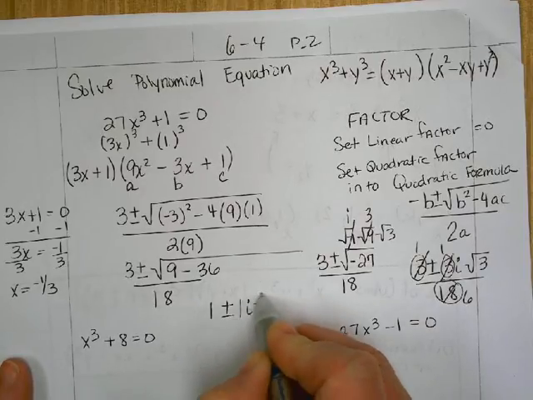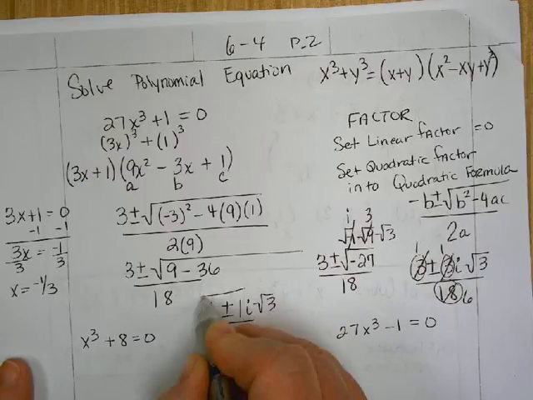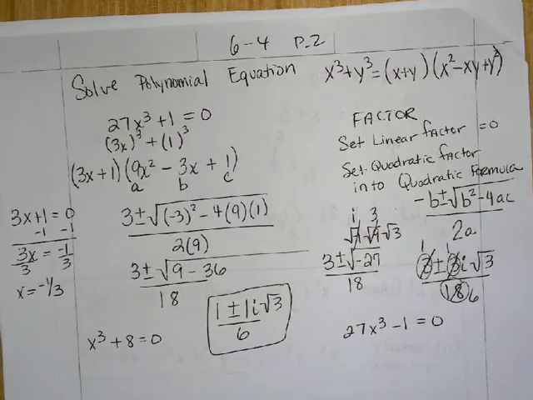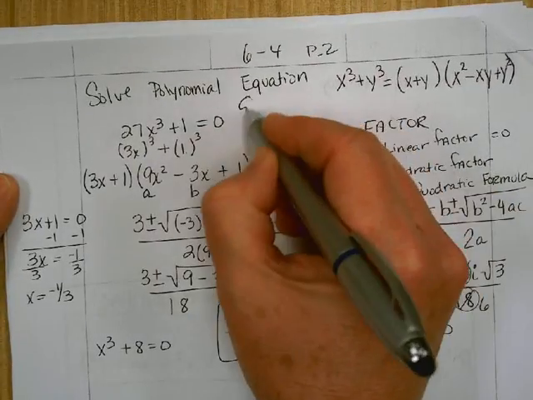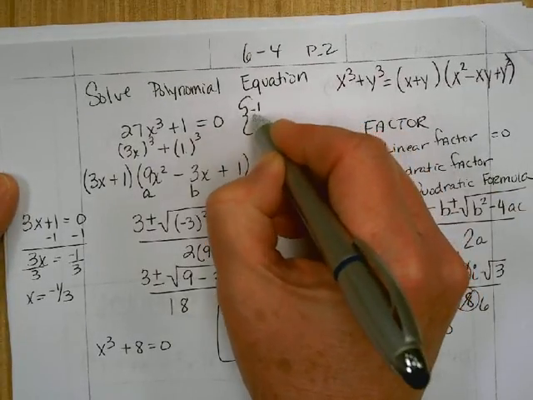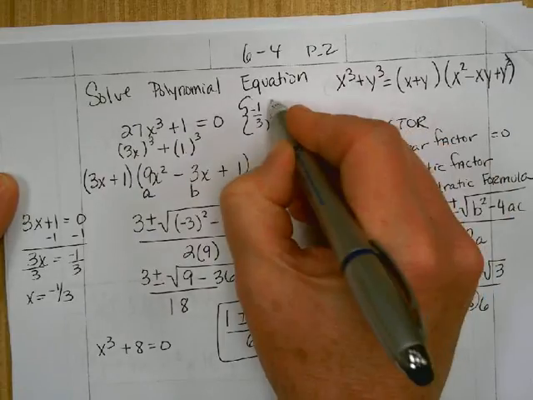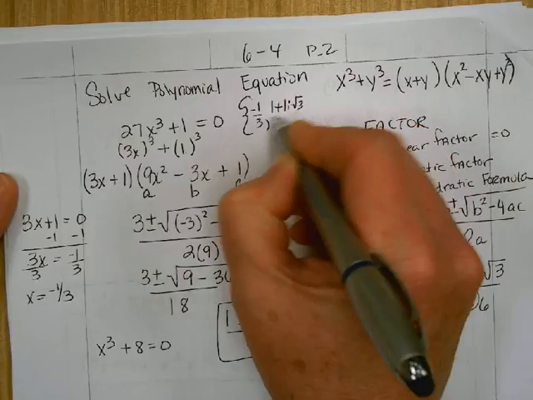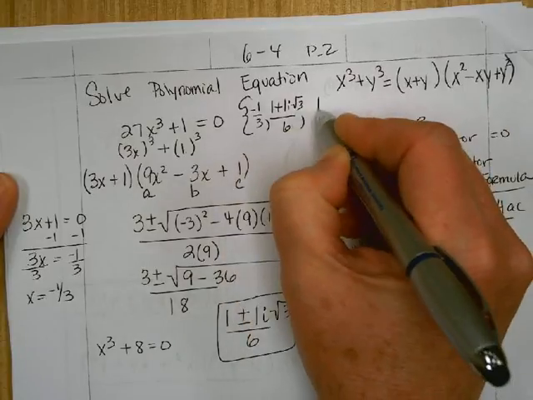Those are the other two factors. So negative 1/3, and then 1 plus 1i square root of 3 over 6, and then 1 minus 1i square root of 3 over 6.